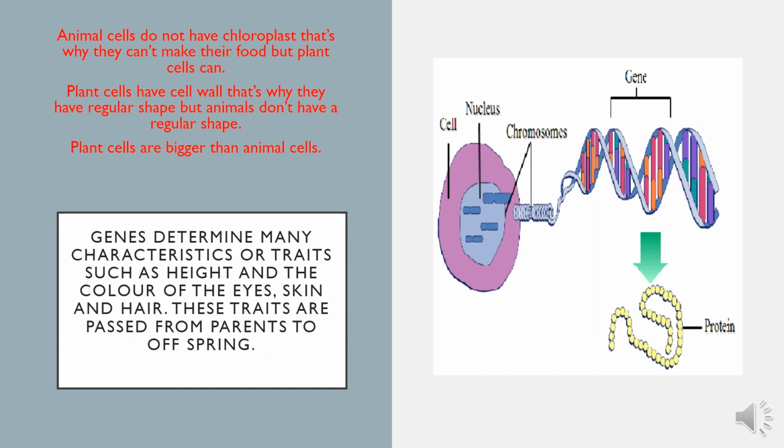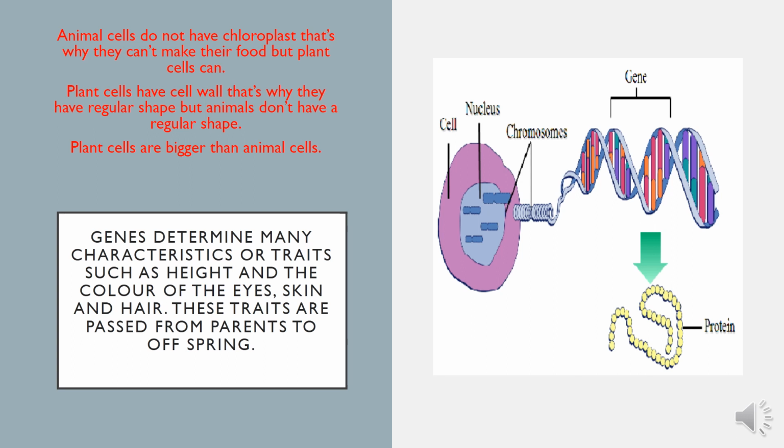Now if you remember that we discussed the word genes or DNA or chromosomes when we were studying the parts of cell. What are genes and what is the function of genes? Genes determine many characteristics or traits such as height and the color of the eyes, skin and hair.